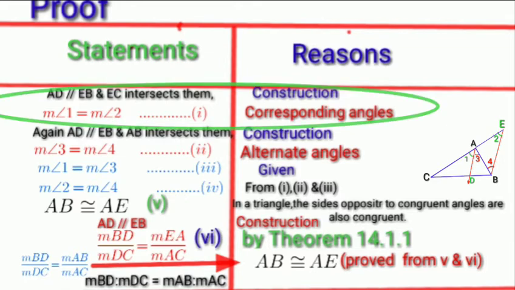First of all, we have to discuss equation 1, which is measure angle 1 is equal to measure angle 2. It is a corresponding angle.